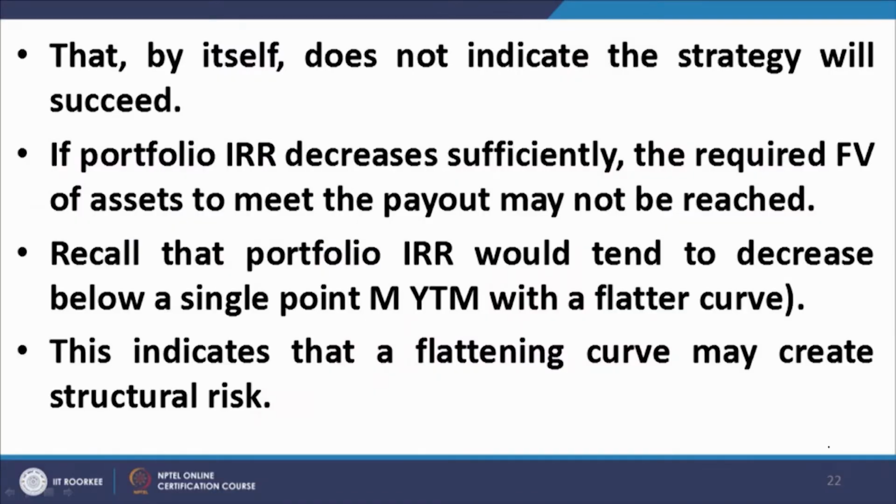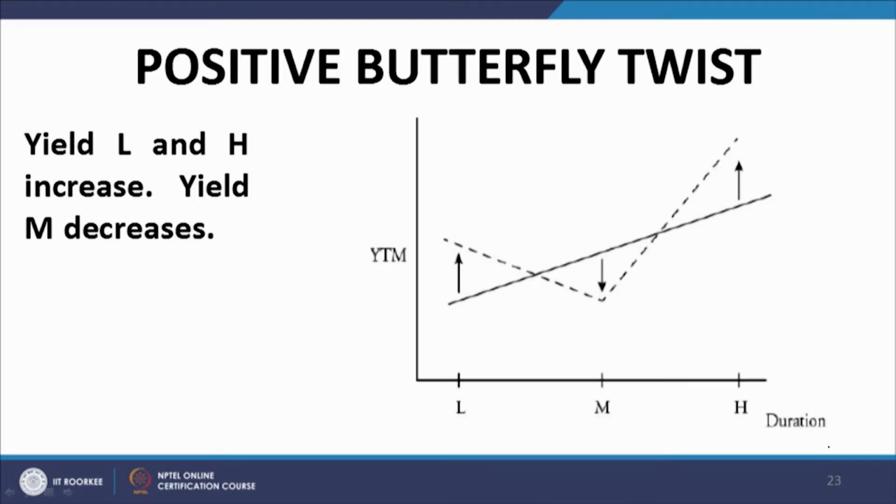Therefore, notwithstanding the fact that present value of assets is higher, the future value of assets may turn out to be lower than the future value of liabilities. So, recall that portfolio IRR would tend to decrease below a single point M YTM with a flatter curve. This indicates that a flattening curve may create structural risk.